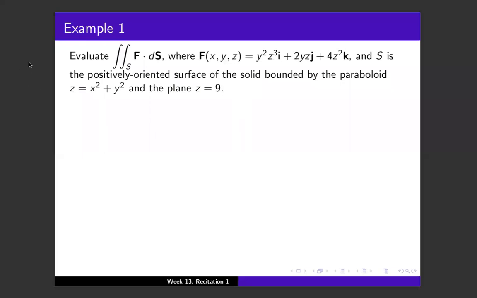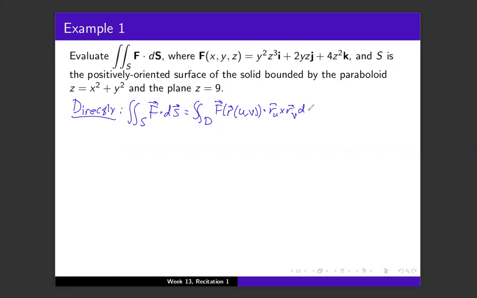Now, you don't have to use the divergence theorem for this problem. You can do this directly. And if you want to do it directly, then it comes down to using the formula we had before. Oh, sorry, that's silly. You're going to use F dot dS, which is the double integral over your domain of parameterization of F of r of u,v dotted with r_u cross r_v dA.